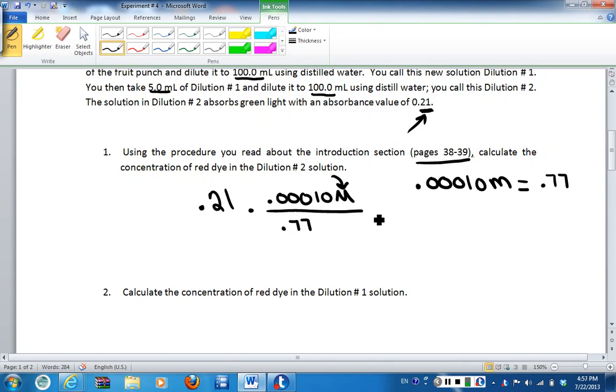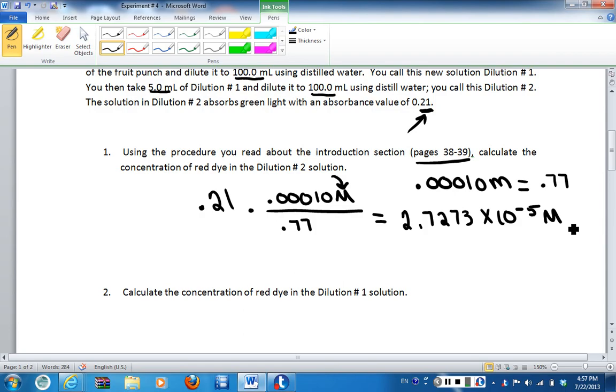So when we do this calculation, we get 2.7273 times 10 to the negative 5 molar. Now, obviously we have to account for significant figures here. If we look at all of the numbers that we have, everything has 2 significant figures.